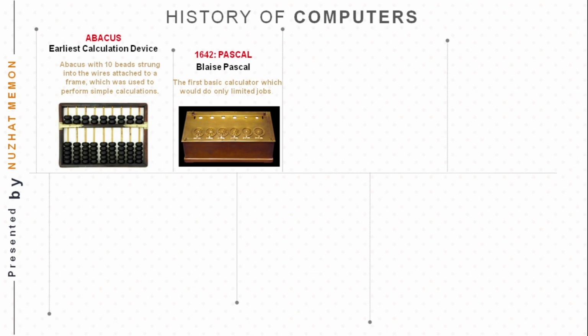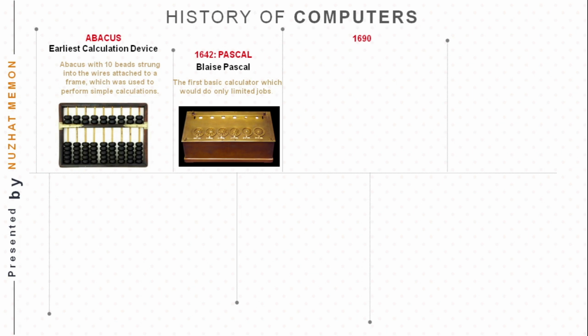Blaise Pascal's father was a local administrator who was doing tax computations, and there were a lot of calculations. So his son, Blaise Pascal, invented the calculator. Pascal was the first basic calculator, but it had a drawback: it could do calculations only up to a certain limit.